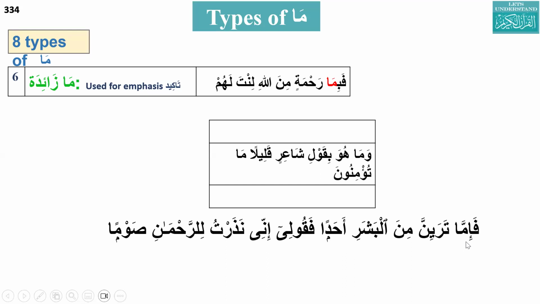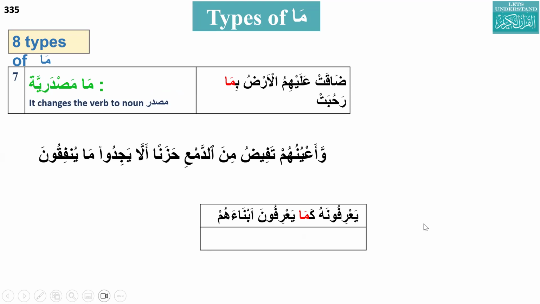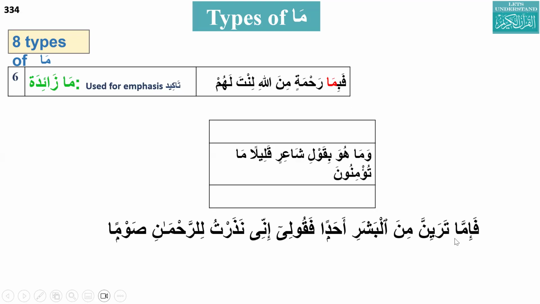فَإِمَّا تَرَيِنَّ مِنَ الْبَشَرِ أَحَدًا فَقُولِي إِنِّي نَظَرْتُ لِلرَّحْمَنِ سَوْمًا. So here, imma is in plus ma. Tarayanna min al-bashar. So we have seen that this is ma zaida. If we don't translate it, it still makes sense: in, and let's skip the ma for the time being. Tarayanna, you see, and there is already a noon taqid here, meaning you will definitely see.